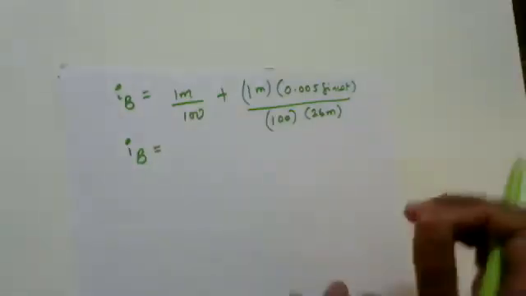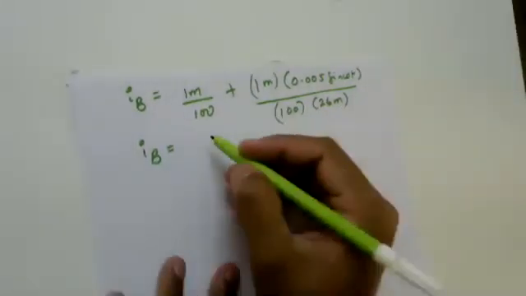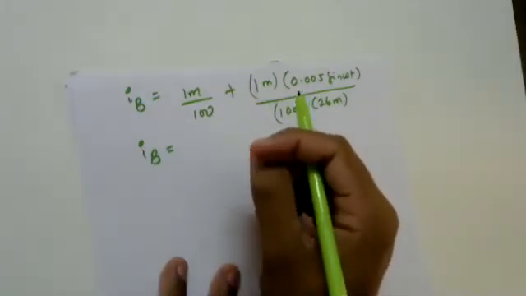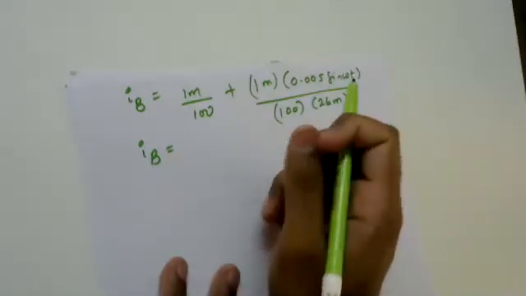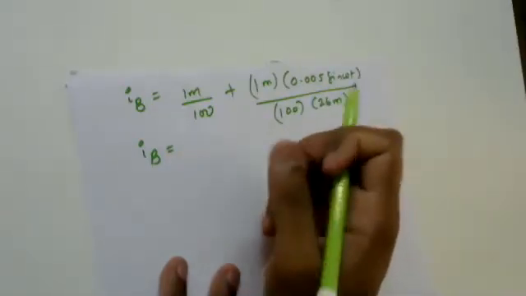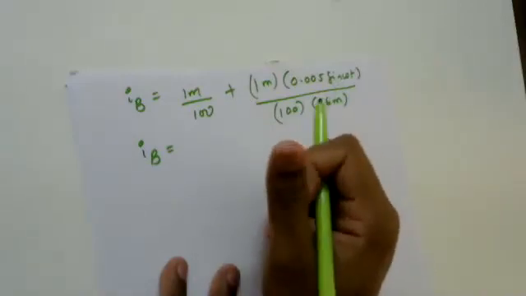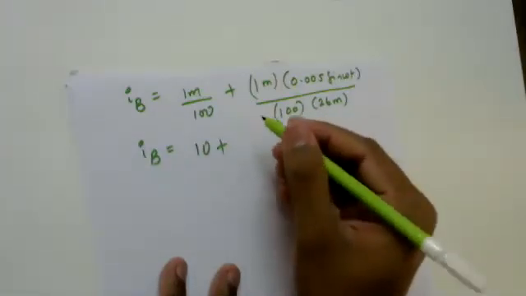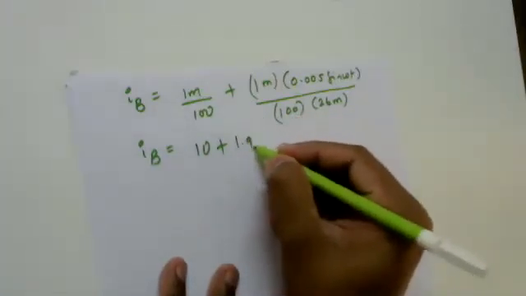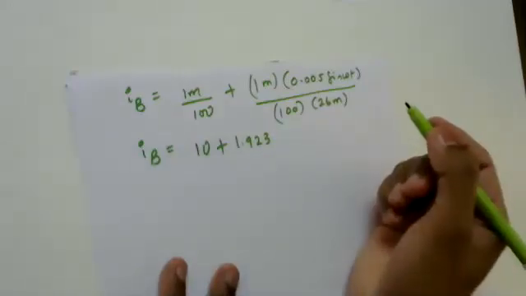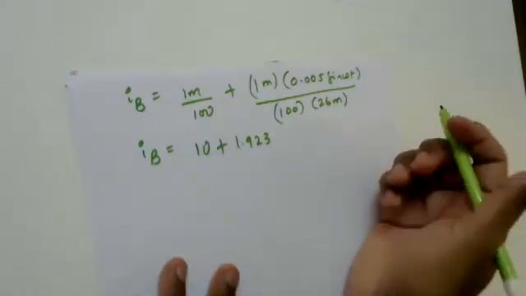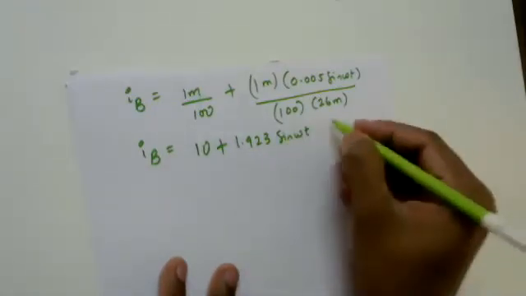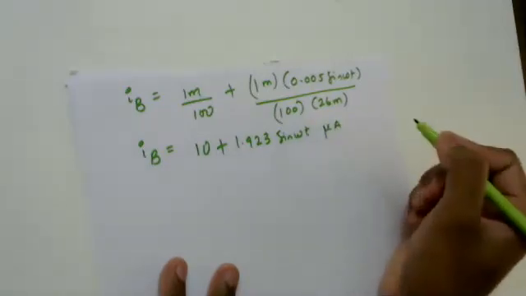What is the value of IB? Good. The value of IB is found to be, yes, give me the value of IB. Equation for IB, what are you going to get? So I can write this as 10 plus 1.923 sine omega t, wherein this is defined in terms of microamps.